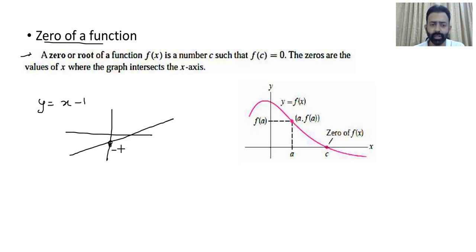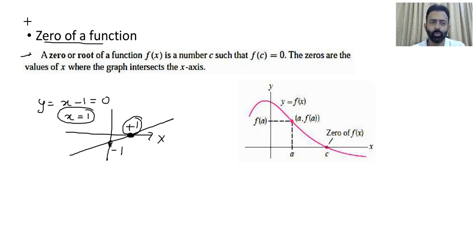This value is minus 1, this value is plus 1. The graph is becoming 0, meaning the value of this straight line is 0, meaning it is intersecting the x-axis at x equal to 1. So where y is becoming 0, find the value of x where it becomes 0, so x equal to 1. So we say x equal to 1 is the zero of this function.